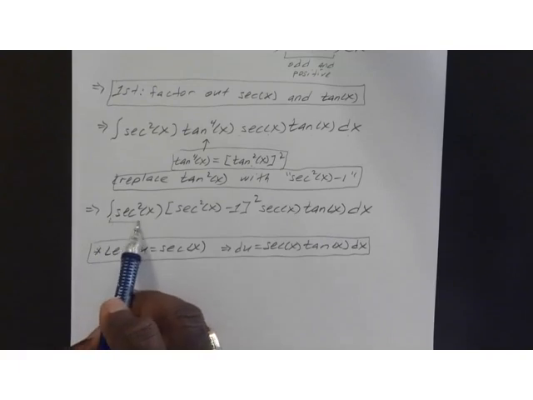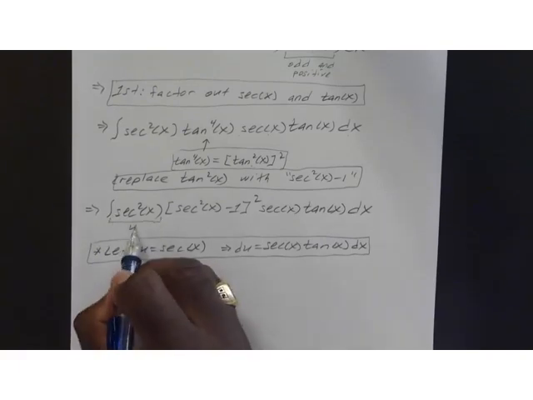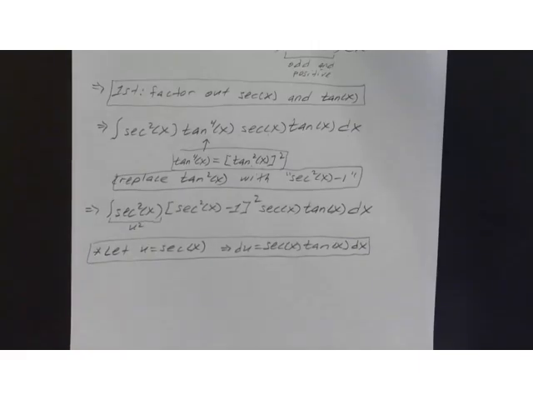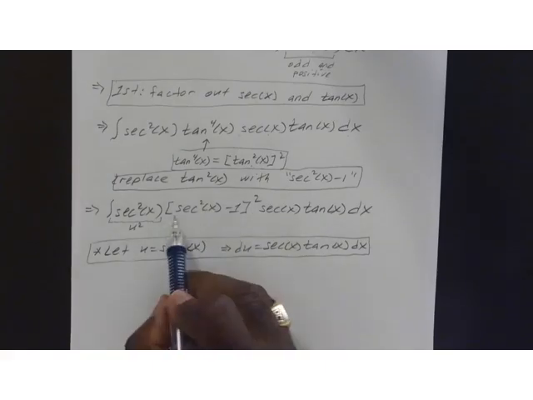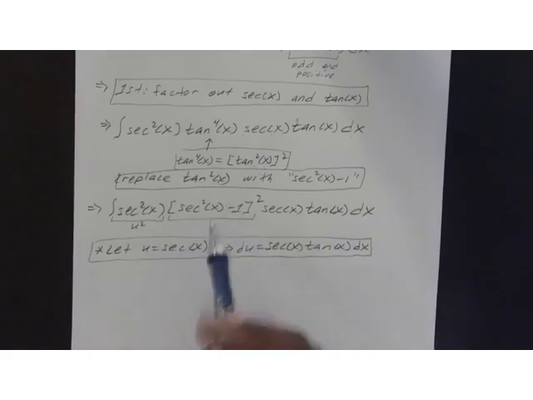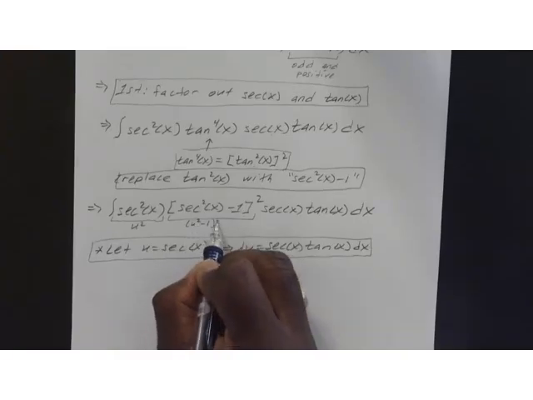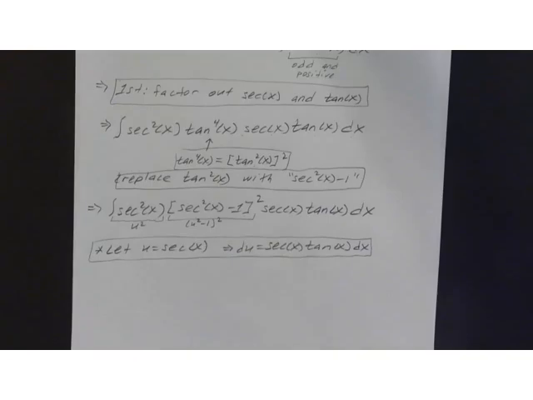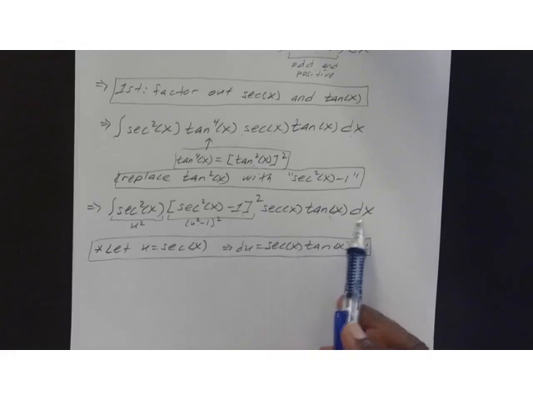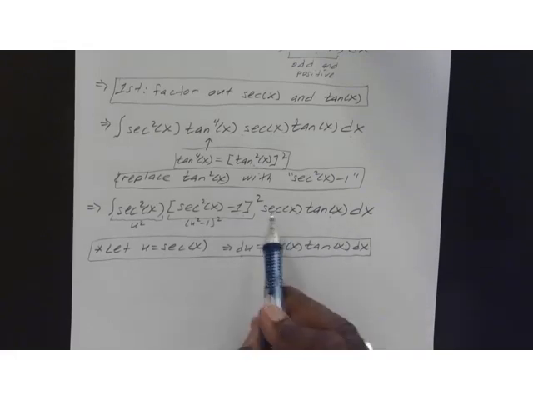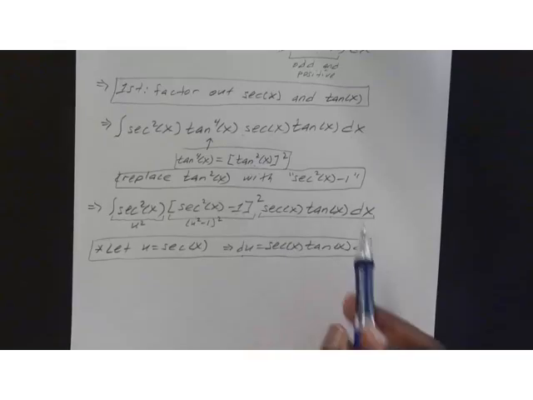That means this secant squared just becomes u squared. This secant squared minus 1 squared, that just becomes u squared minus 1 squared. And this secant times tangent with respect to x, that just becomes our du.